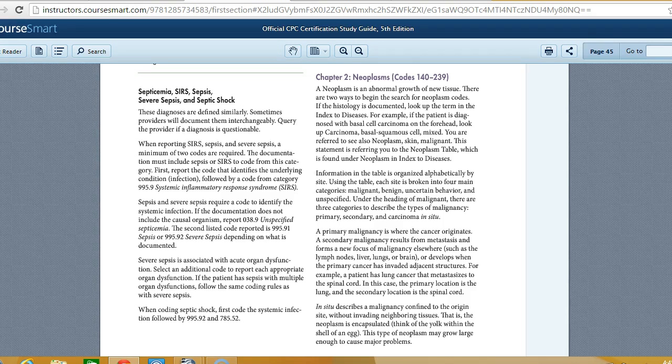When you have a neoplasm or malignancy that has moved from one spot to another spot, that is a metastatic cancer, and that means that is a secondary cancer. Now, if you have a carcinoma in situ, that means that the cancer is encapsulated in one site and does not move and invade other healthy tissue. Then you have an uncertain behavior. We don't know. Sometimes this acts like cancer and sometimes it doesn't. Then unspecified means that you have labs pending. Depending on what the labs say, you'll know whether or not it's cancer.